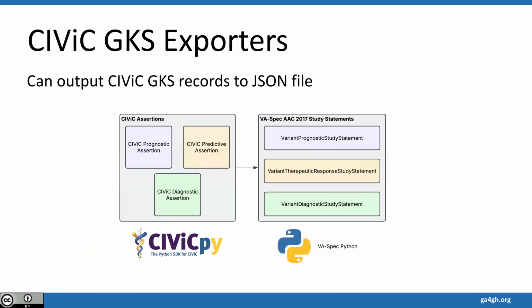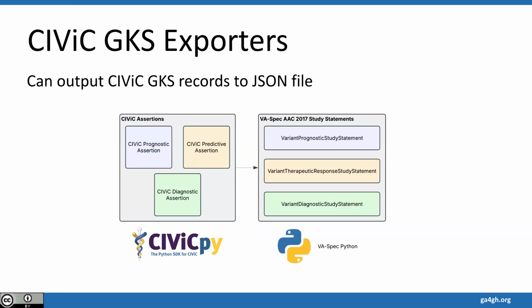So one feature that I added to CivicPy was the ability to do the mapping that we just talked about, which is representing a Civic assertion using the VA spec and AMP-ASCO-CAP 2017 community profiles. In CivicPy, if you're looking through the code base, this lives in the exporters module. For this, I had to add VA spec Python as a dependency.